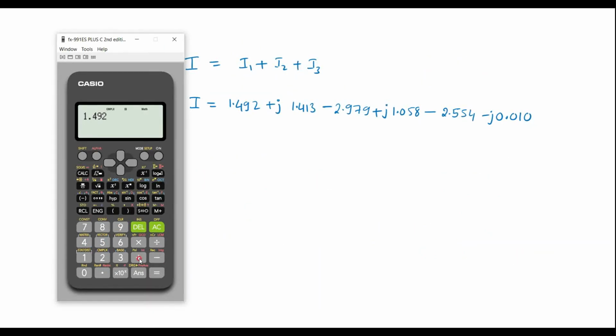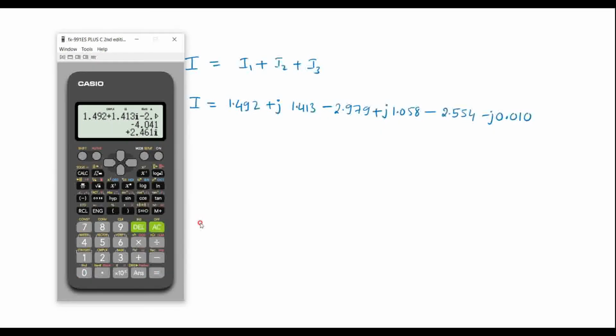So adding: 1.492 plus 1.413 J, minus 2.979 plus 1.058 J, minus 2.554 minus 0.010 J.